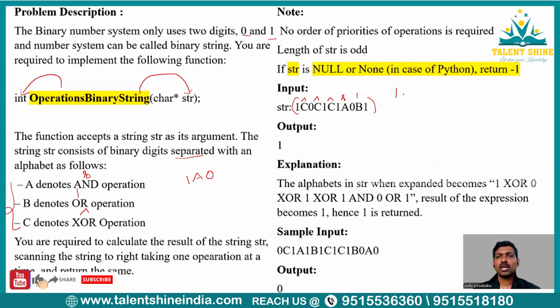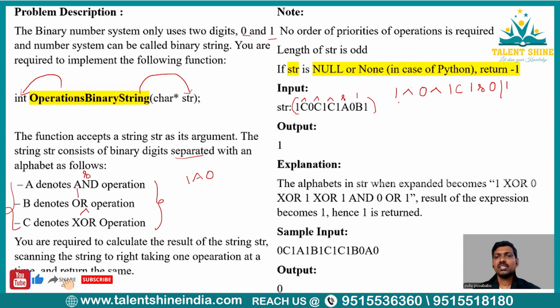I'm writing XOR instead of C, as we already know C stands for XOR in the problem statement itself. So 1, 0, XOR 1, C, 1, bitwise AND 0, bitwise OR 1, right?